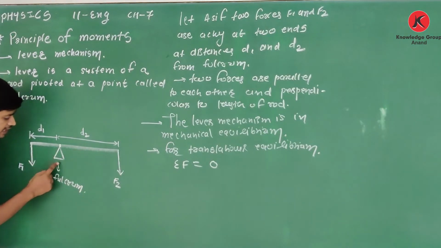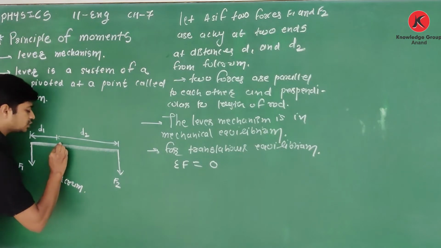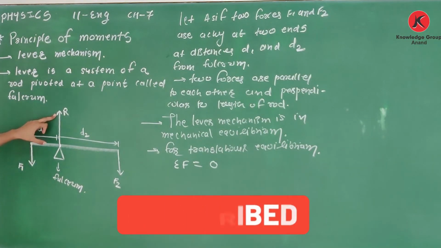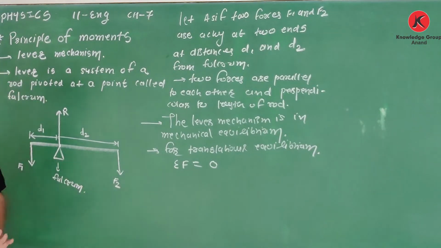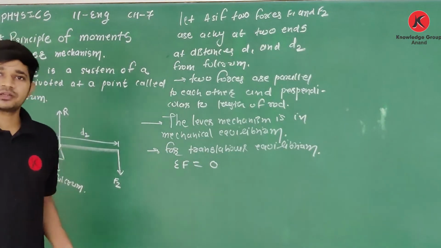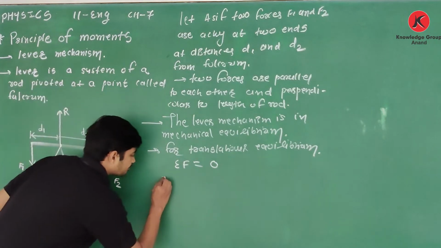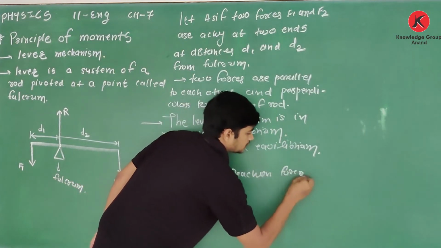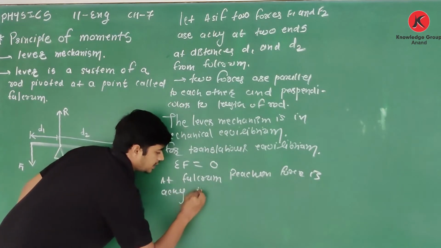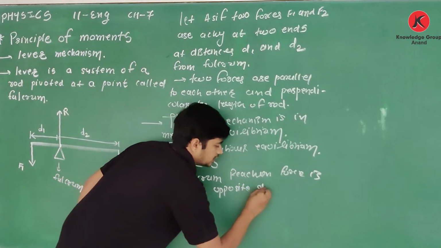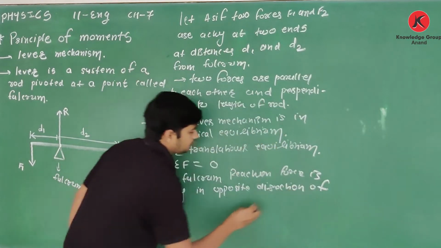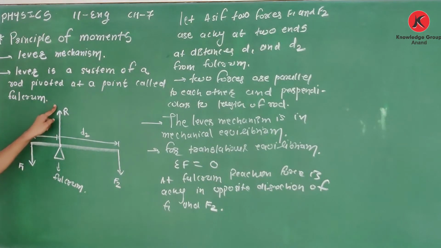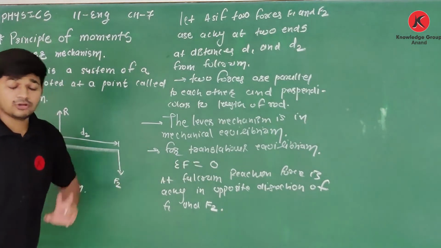As this rod is pivoted at this fulcrum, a reaction force R acts in the upward direction, opposite to F1 and F2, so that their sum is 0. Clear about it?